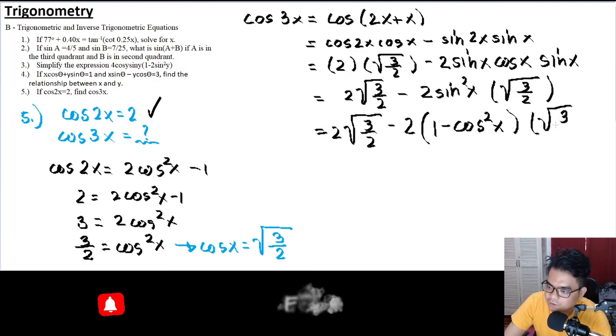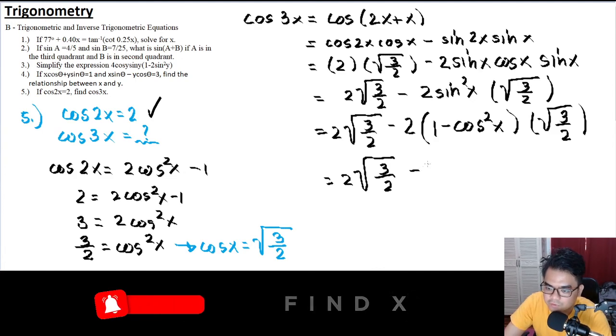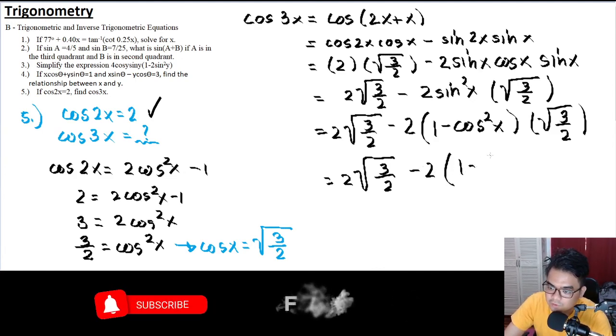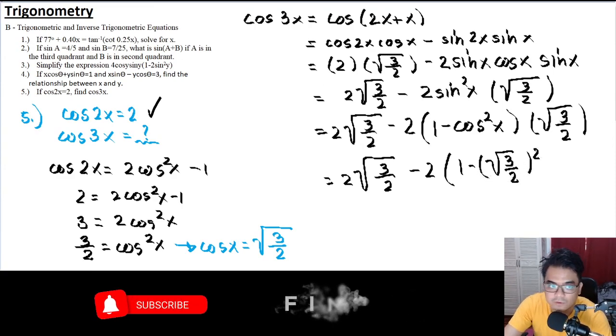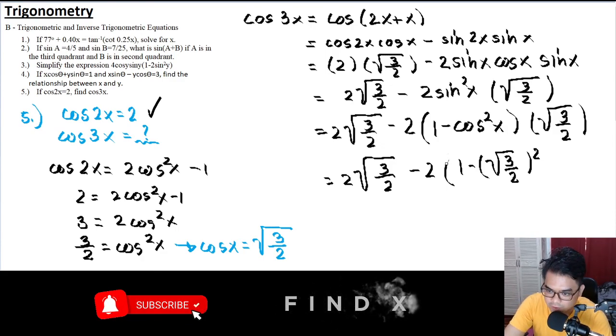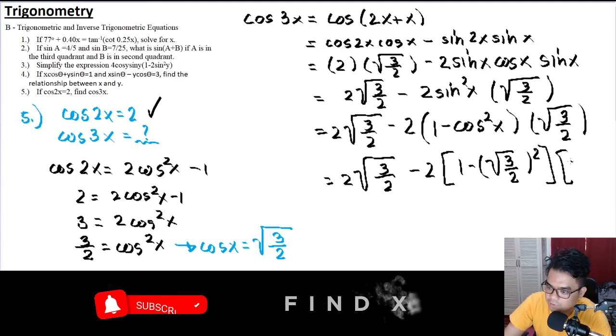So this will be equal to 2 times the square root of 3 over 2, minus 2 times the square root of 3 over 2 times 1 minus the quantity square root of 3 over 2, squared, all in brackets.